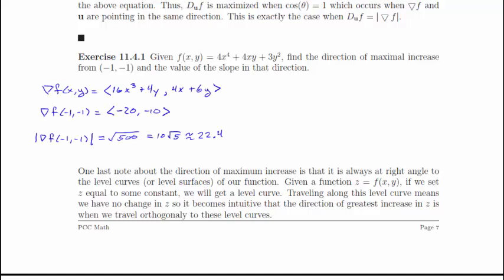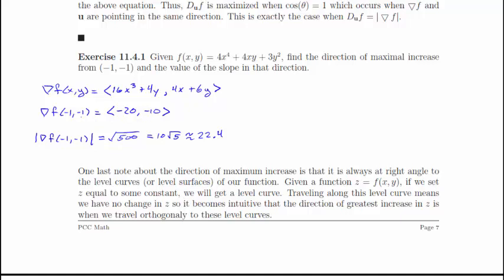And we're back. So to find the direction of maximal increase, we just find the gradient vector. So the gradient of f of x comma y equals 16x cubed plus 4y comma 4x plus 6y. We want to find the gradient at our specific point, so I plug in -1, -1, and we get that our gradient vector equals -20 comma -10.